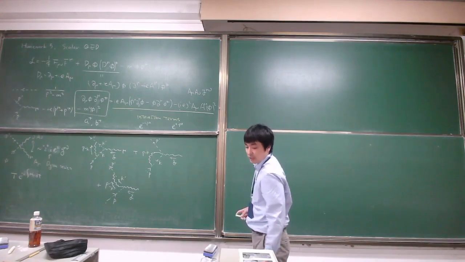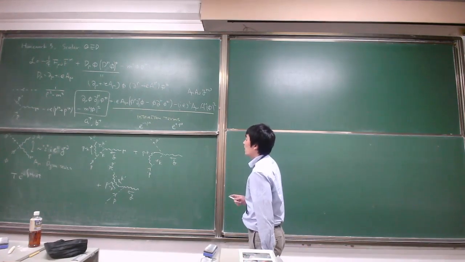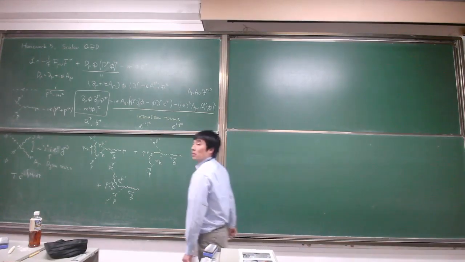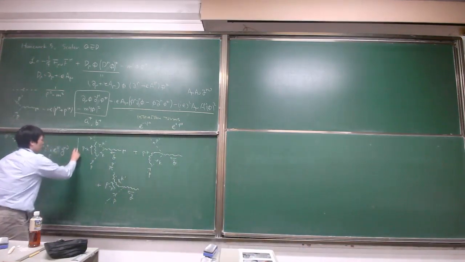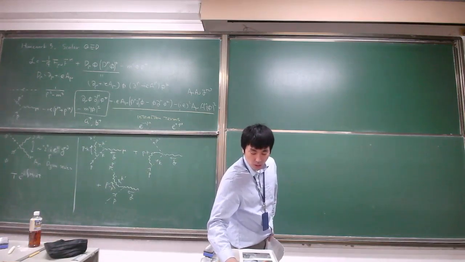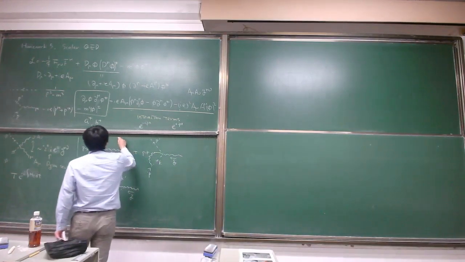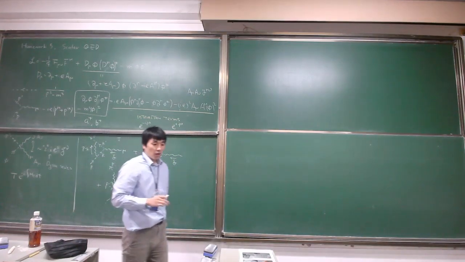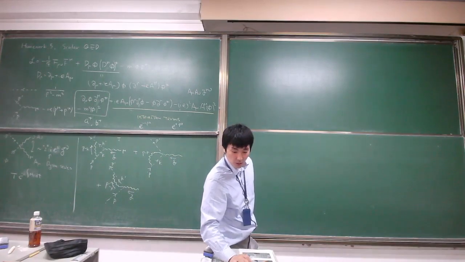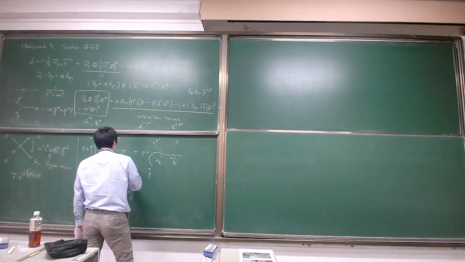The first diagram is very simple. Okay, it's a very good problem, so let me do it for you a little bit. I didn't print out this part. The first diagram, let's call this 1, this is called 2, and this is called 3.